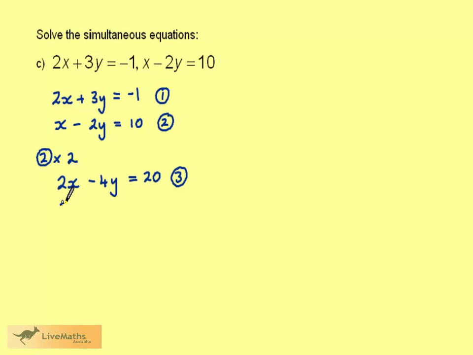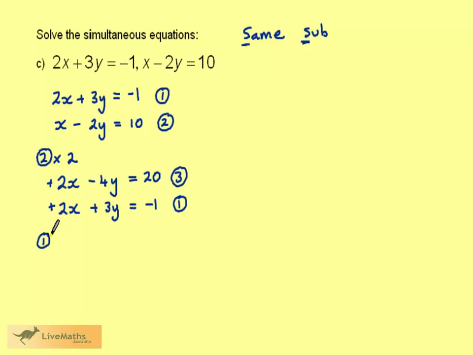Equation 1 is 2x plus 3y is equal to minus 1. We now have the same number of x's. Remember that the signs on these x's is the same, and if the sign is the same, then we subtract.